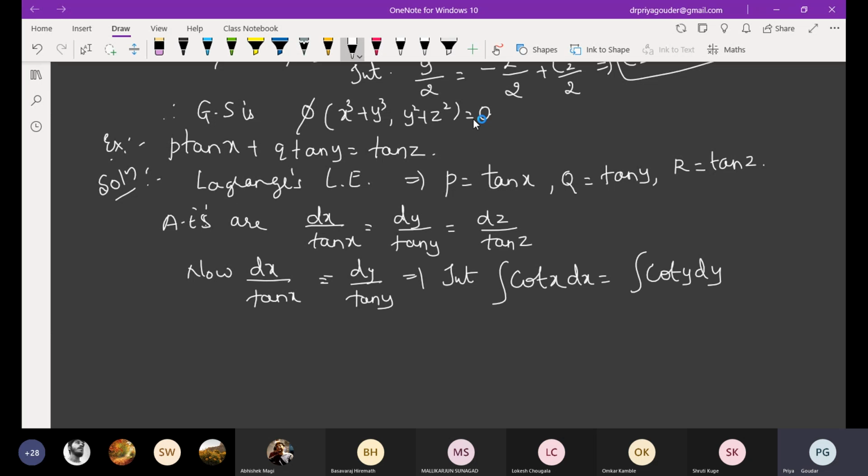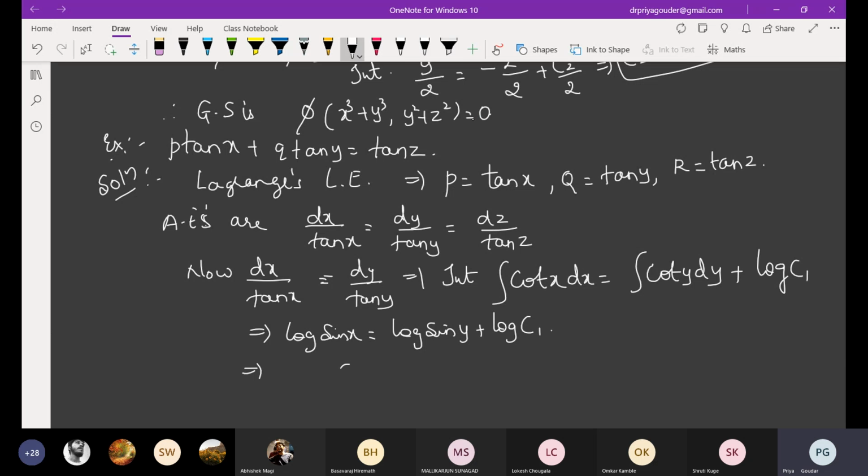What is the integration of cot? Log of sin x. So both are going to come as log. Better take the constant also in terms of log. So it is log of sin x equal to log of sin y plus log of C1. Correct?